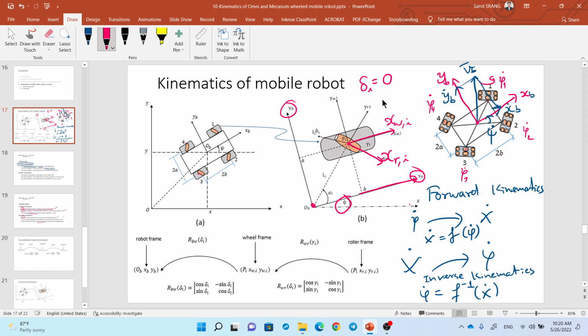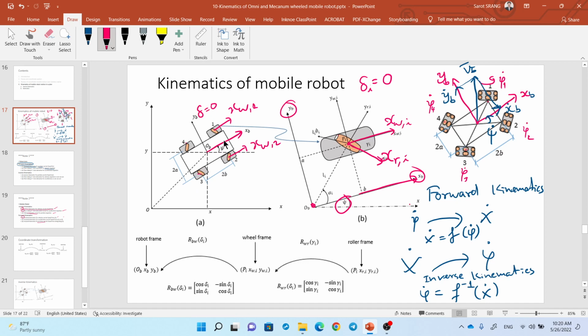All delta actually, not just delta i, because you see all the mechanism wheels, the edge wheel frame is aligned with the axis of body frame. So delta is 0.